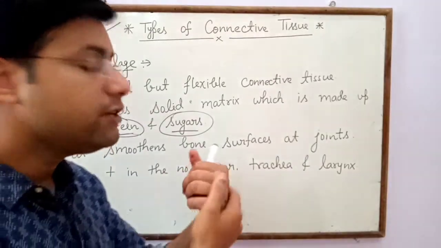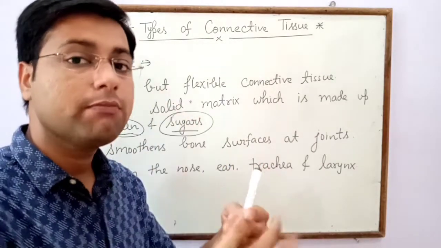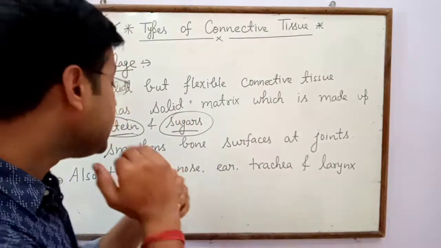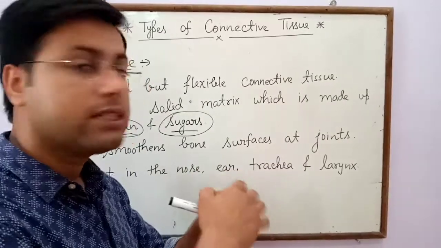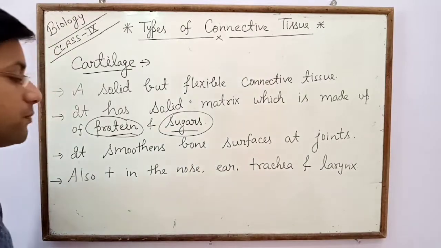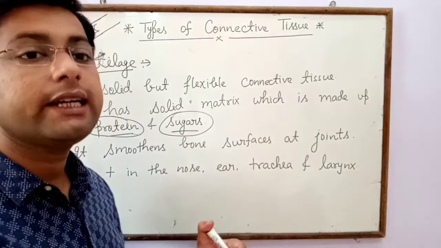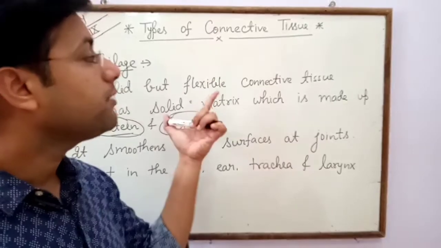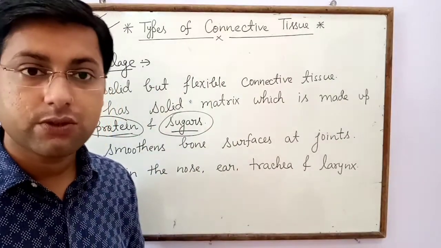It reduces the friction between the bones at the joints, and it is also present in the nose, ear, trachea and larynx. So cartilage is a type of solid but flexible connective tissue.